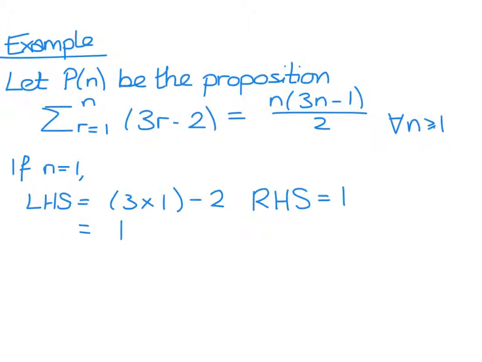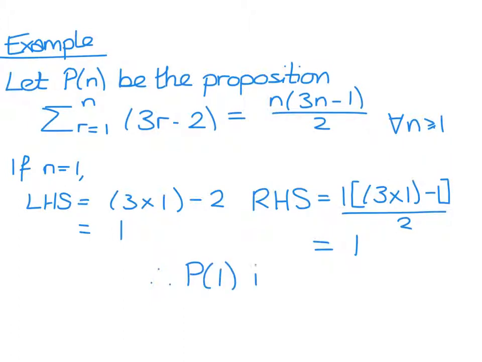We get 1, again because n is 1, times 3 times 1 minus 1, all divided by 2, and this does indeed equal 1. So therefore, because the left hand side and the right hand side are equal, we've just shown that P1 is true.